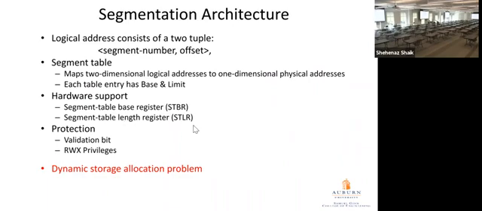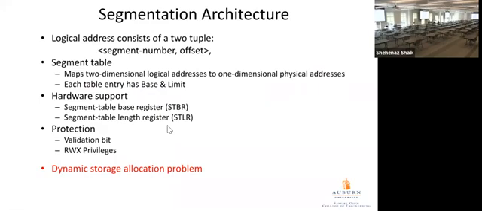So base register gives the address of the location in memory where the segment table itself is loaded, and the segment table length register gives the information regarding the number of segments that the process has. And as part of the segment table, we have one table entry per segment.